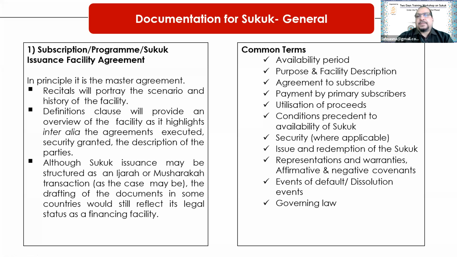Then we have the availability period, the purpose and facility description, the agreement to subscribe, payment, and primary subscriber, the utilization of the proceeds, conditions precedent to availability of Sukuk, the security if applicable, the redemption of the Sukuk, representations and warranties, affirmative or positive and negative covenants, events of default, dissolution events, and governing law. That's basically the main, and each section has a description.